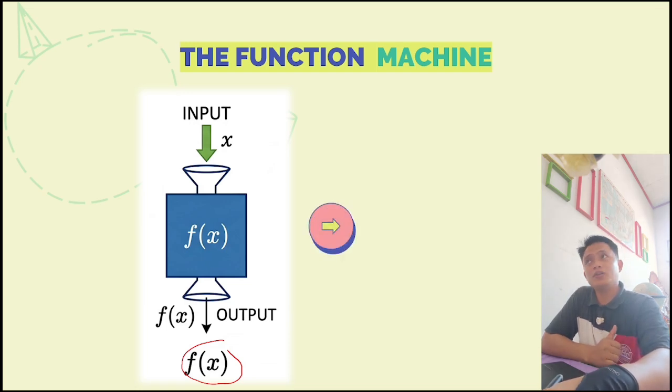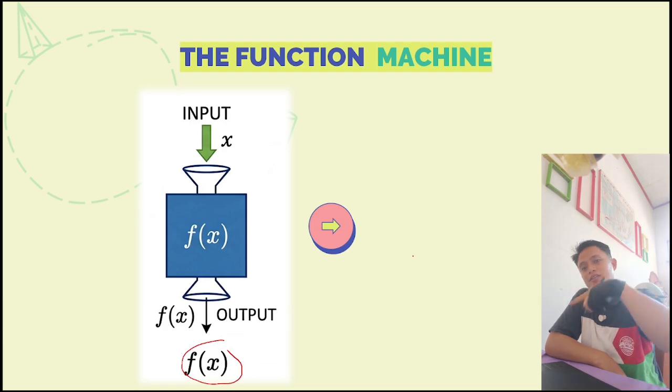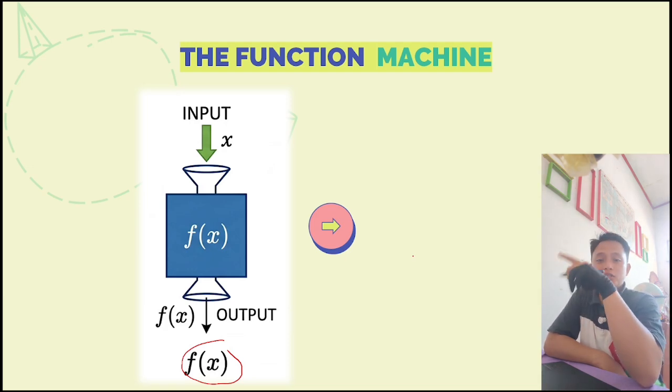Let's call them machine G and machine F. When we use these two machines, the material will be put into machine G first and then machine F, or machine F first and then G second.